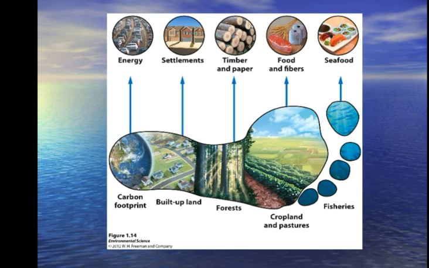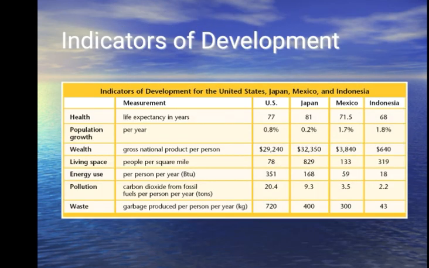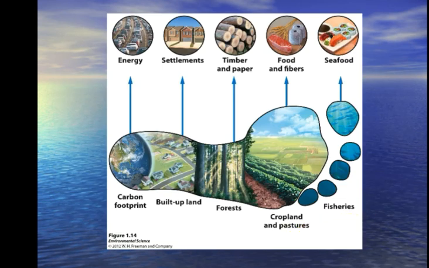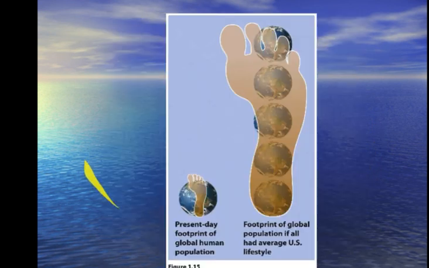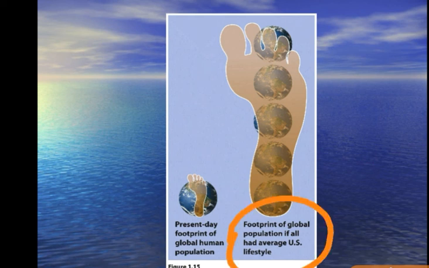Now see, if you take this ecological footprint, this is the footprint of global population if all had average US lifestyles: 1, 2, 3, 4, 5.